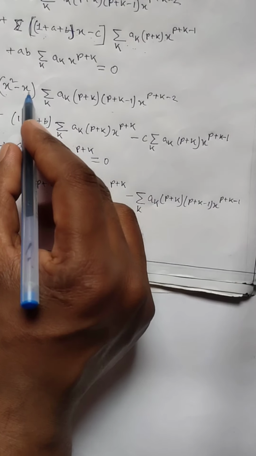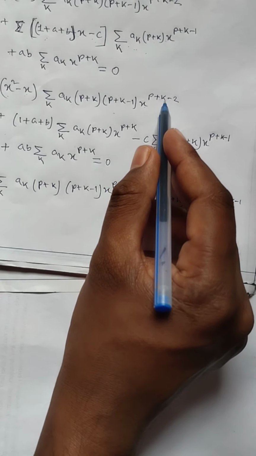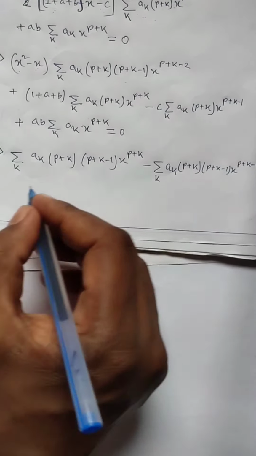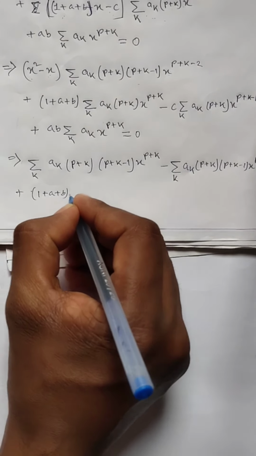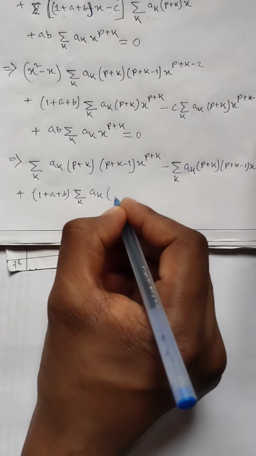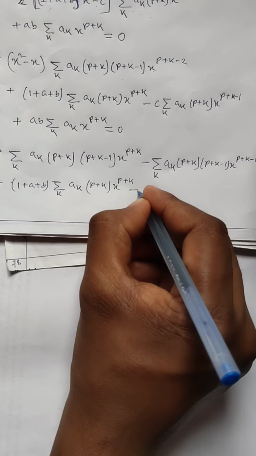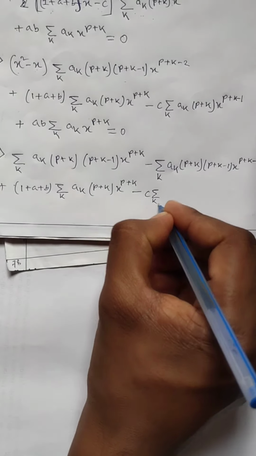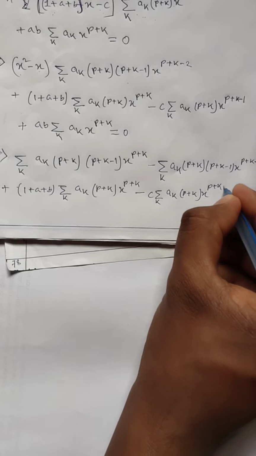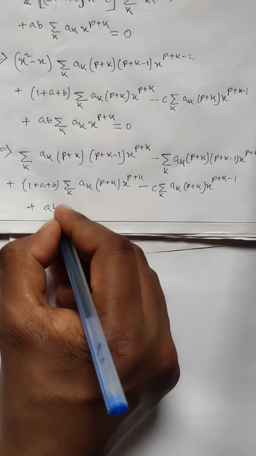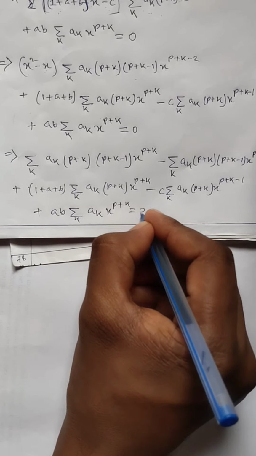If we multiply x with x to the power p plus k minus 2, then we get x to the power p plus k minus 1, and plus (1 plus a plus b) the summation over k of a_k (p plus k) x to the power p plus k, minus this term c the summation over k of a_k (p plus k) x to the power p plus k minus 1, plus ab the summation over k of a_k x to the power p plus k, is equal to 0.